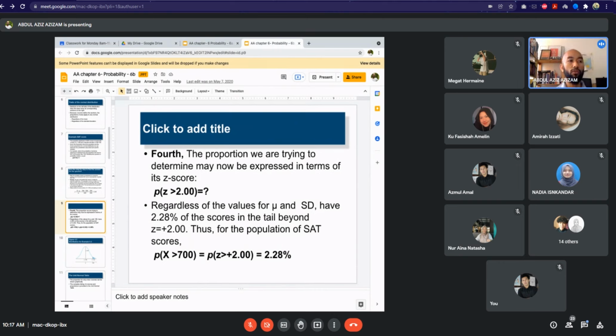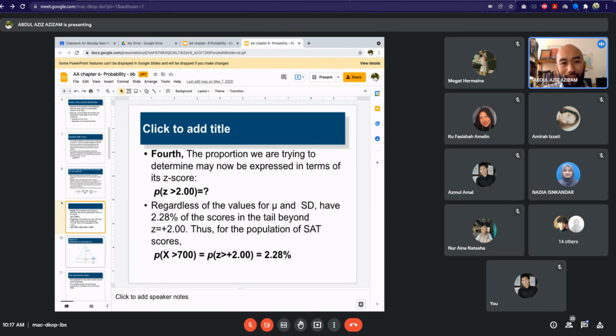Regardless of the value for mean and standard deviation, so macam mana datang 2.28%? In the tail beyond the z equal plus 2, thus the proportion of scores P X greater than 700, sama dengan z greater than 2, is equal to 2.2%.